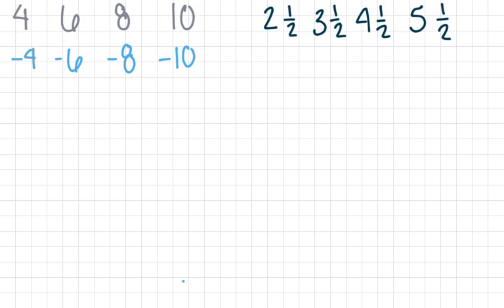We are going to find their opposites. So negative 2.5, negative 3.5, negative 4.5, and negative 5.5. Now we are going to order all 16 of these numbers from least to greatest.